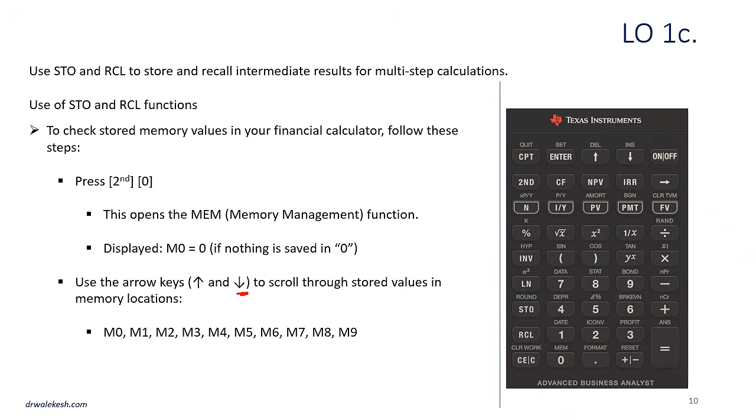So you can make use of the arrow pointing downwards, which is this, the one pointing upward is this, to move from M0 to M1 to M2. So if you press this arrow pointing downwards from M0, you would move to M1, M2, M3, and so on. If you press this arrow pointing upwards, then you would move from M0 to M9.